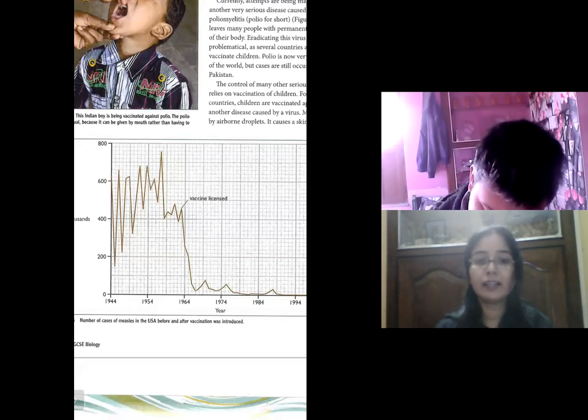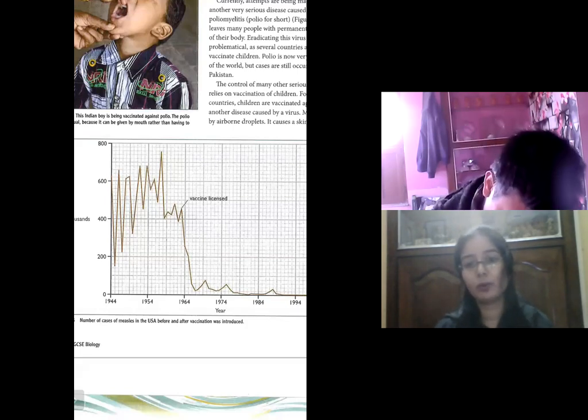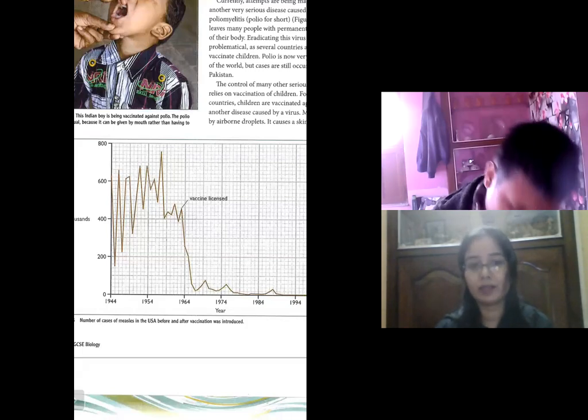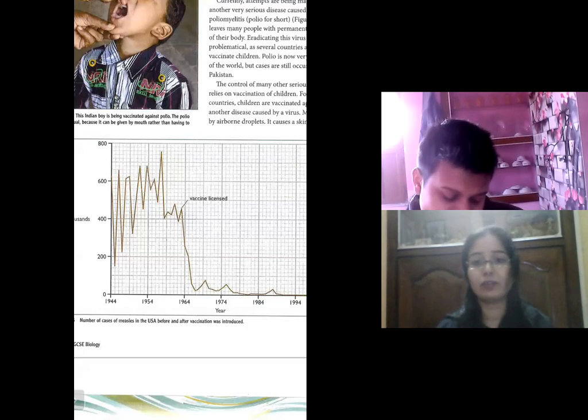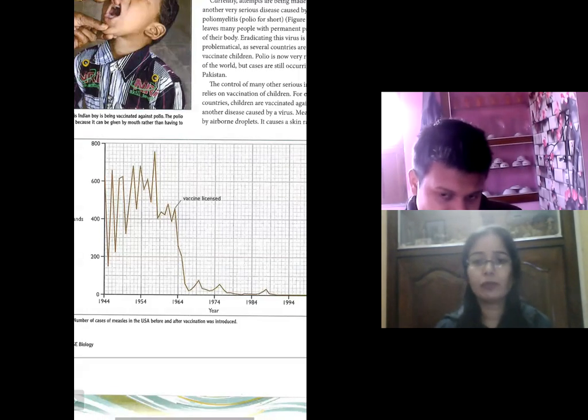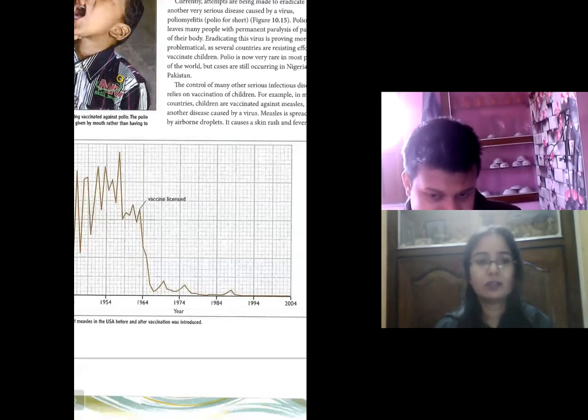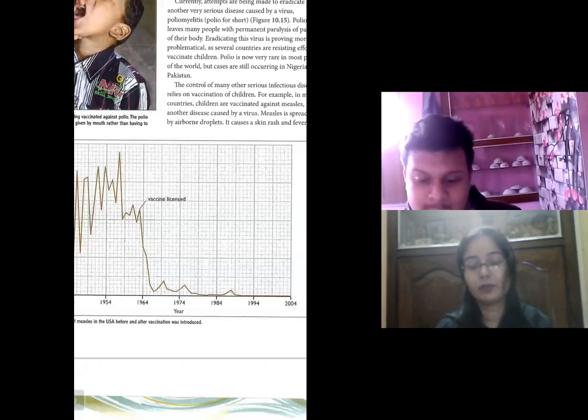That means in 1994 you can see it became zero. So no one got infected. Even if the pathogen entered their body, they could fight against it. So the disease was completely removed from the population. All the people became immunized.